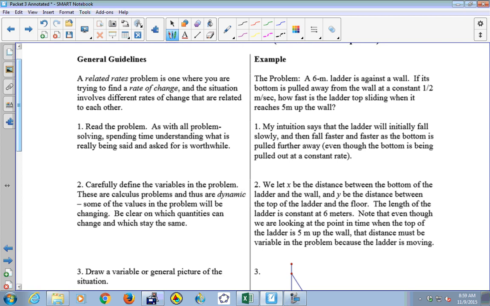Define the variables in the problem. So we had to carefully figure out, okay, what's changing in this picture and label those things with a letter, with the variable. What's constant, label those things with a number. Okay, so some things in a picture will be dynamic, changing, label them with a variable.